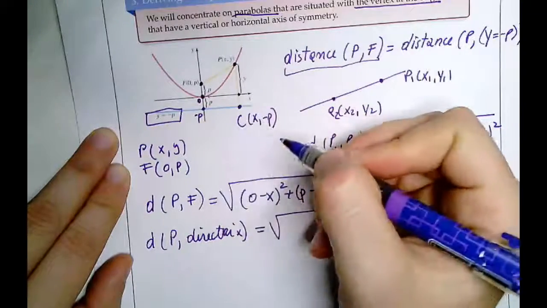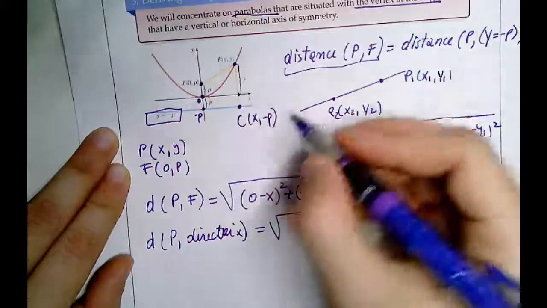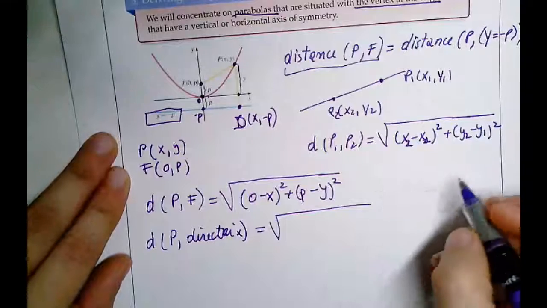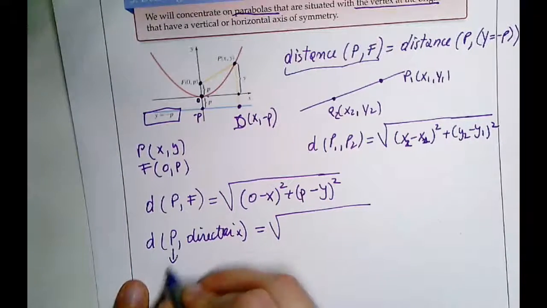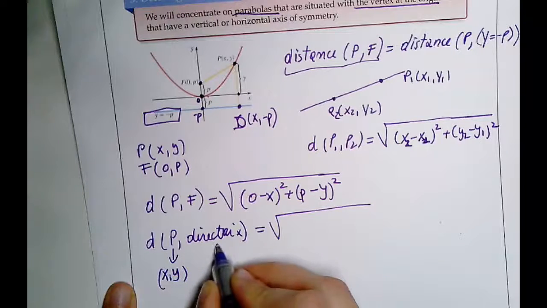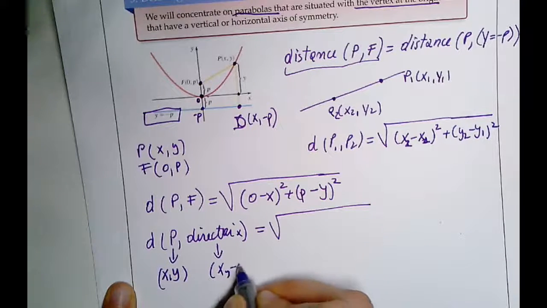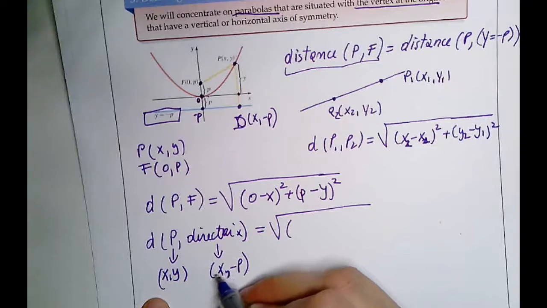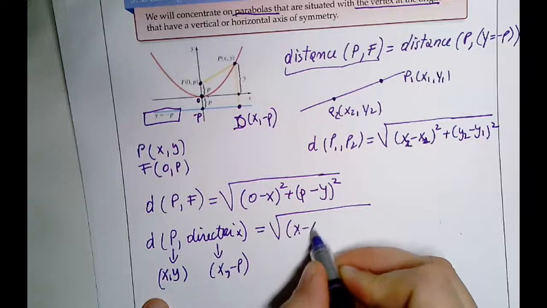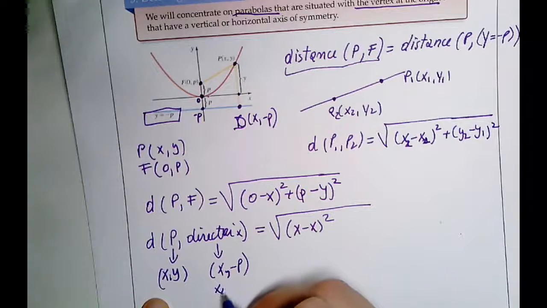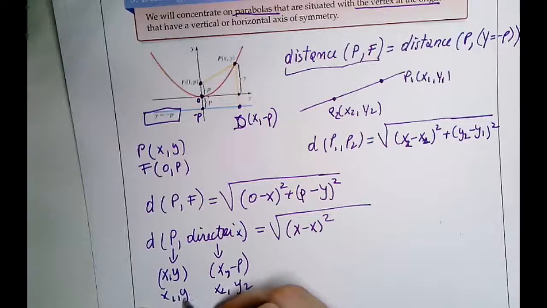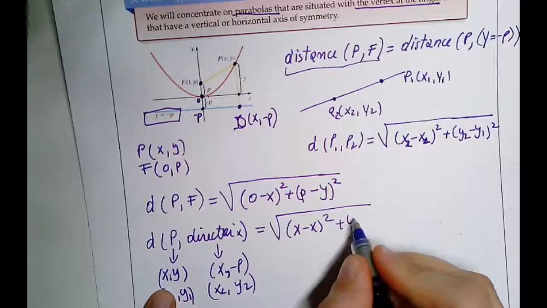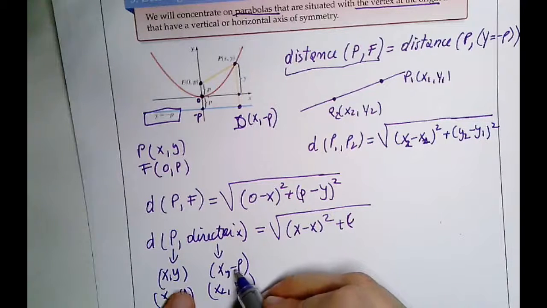Let's call this point D for directrix. So this has coordinates (x, y), and this has coordinates (x, negative p). So it's going to be x2 minus x1, so x minus x squared, because this is (x2, y2) and this is (x1, y1), plus y2 minus y1, so negative p minus y, squared.